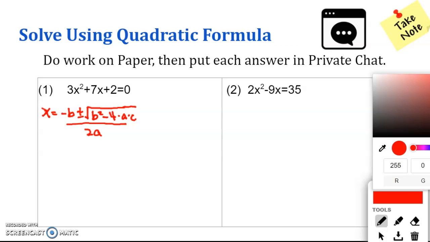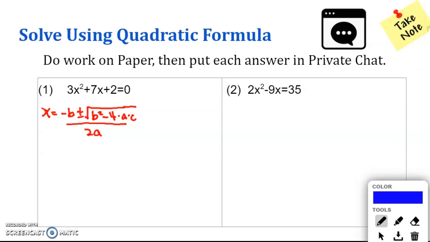Okay, so now we need to identify what my a, b, and c are. Remember, the standard form is ax squared plus bx plus c is equal to 0. So in this case, a is the number, not the x squared.